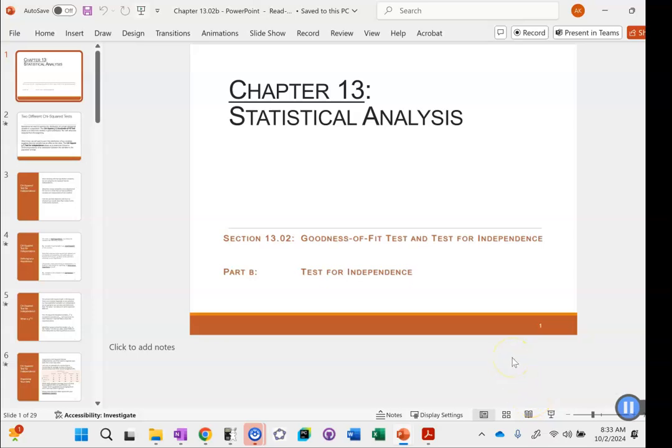To do that, we're basically going to be finding the probabilities inside of here. It's going to be row total times column total divided by overall total, and that'll get you the expected count in each cell.